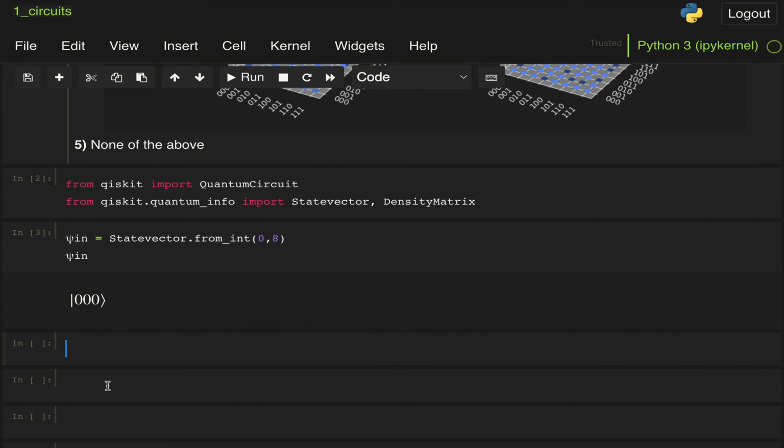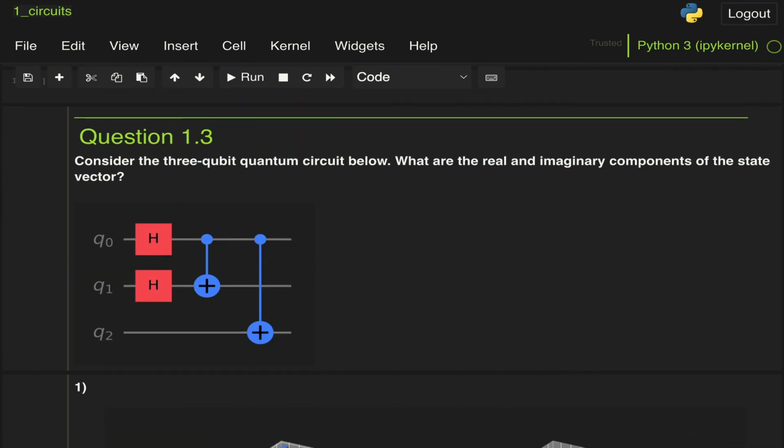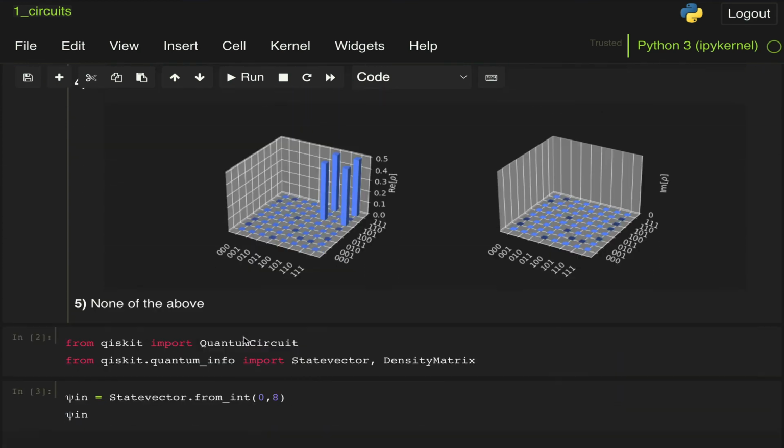Next, we're going to define our circuit. So qc equal to QuantumCircuit, and we're going to have 3 qubits. Just to remind you how the circuit looks, it's 2 Hadamard gates, 2 CNOT gates.